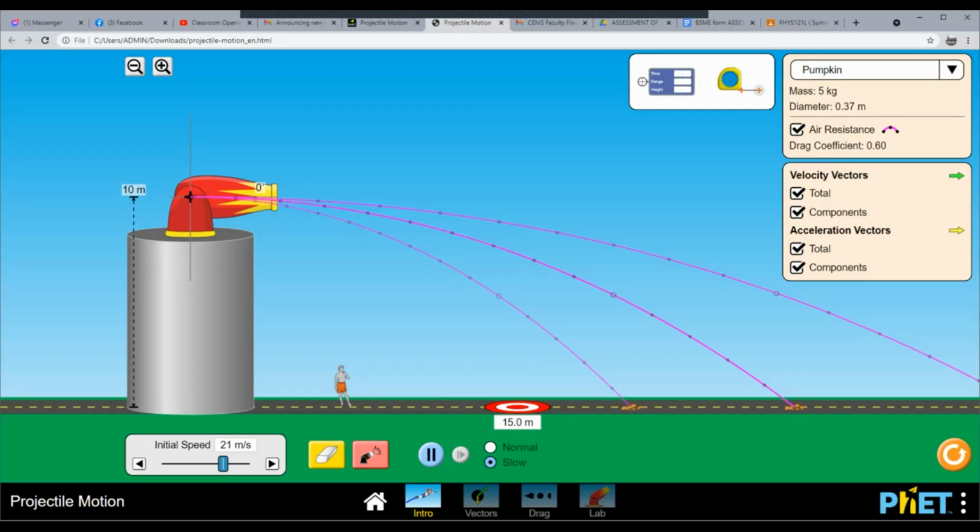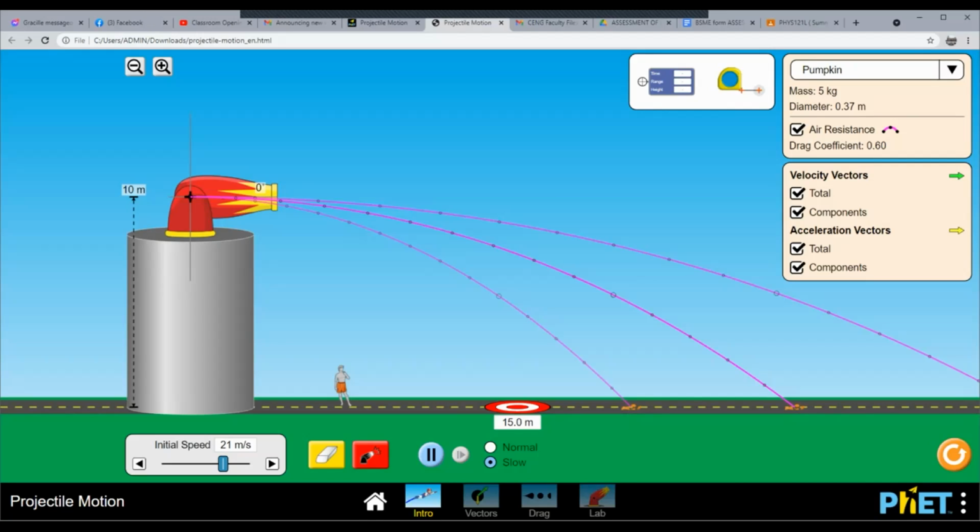So, if we would like to get a target na 15 meter, anong gagawin natin dun sa speed? Are we going to increase the speed or not? From the 21 meter per second, are we going to increase the speed or decrease the speed? Decrease po. Okay, so let's say how many ang initial speed na ilalagay natin?